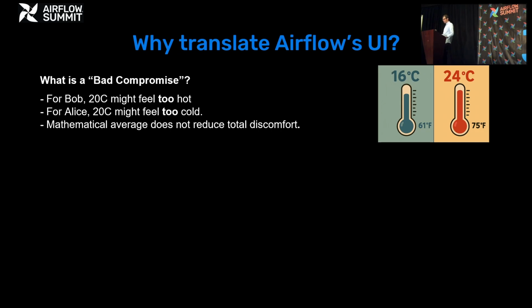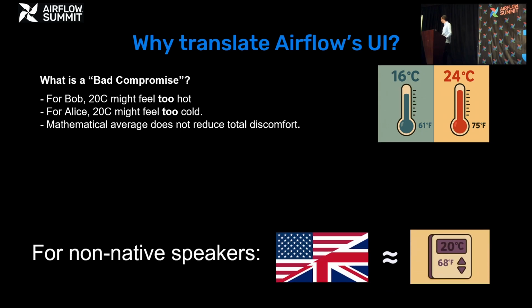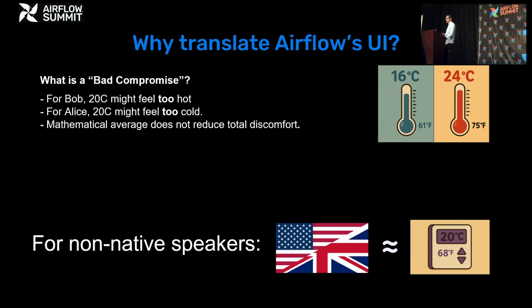So what does this analogy have to do with internationalization? The answer is that for non-native speakers, and especially those who are not fluent, English is that 20 Celsius. It's a compromise that feels neutral, maybe natural for others, but in reality, it can be uncomfortable for many.